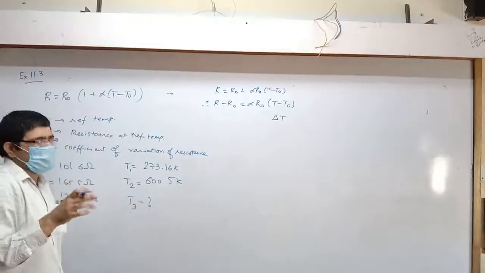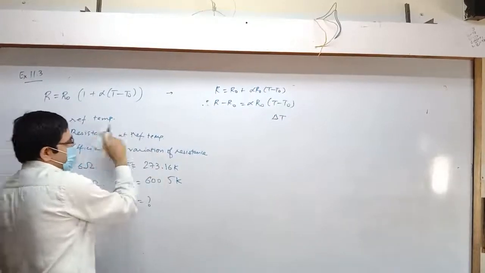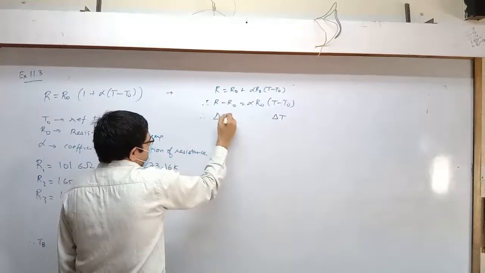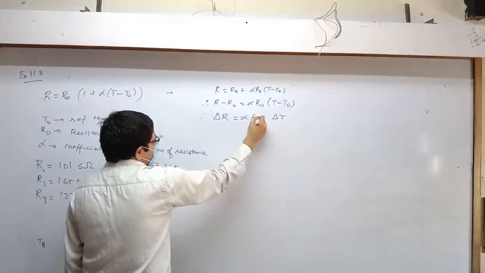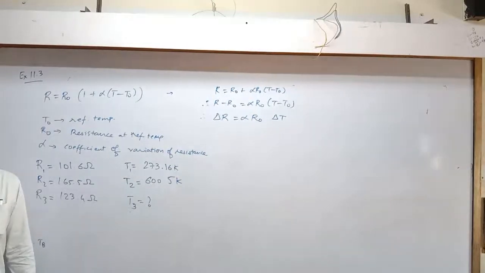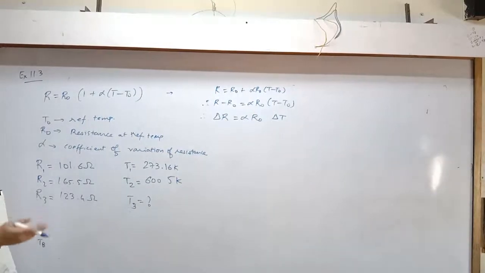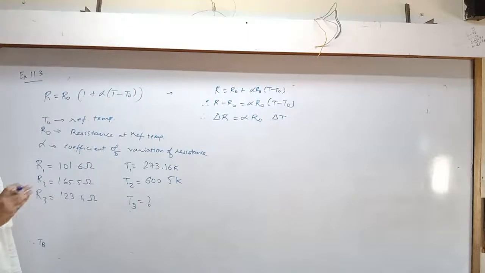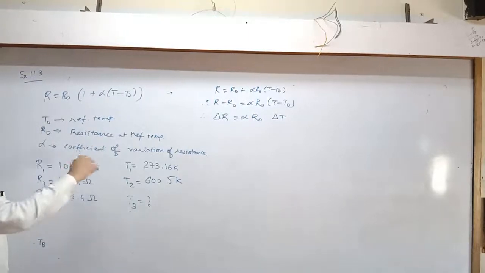Temperature difference, or change in temperature from the reference temperature. And similarly here, change in resistance from the reference. Understood? Left side, right side, both. Okay, R minus R0 is delta R, T minus T0 is delta T. So this is another way to write the same thing.